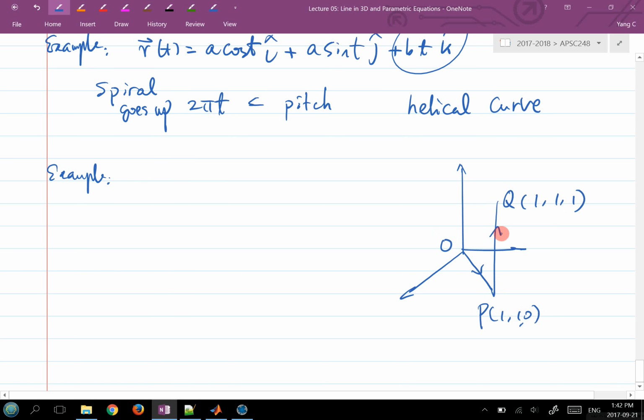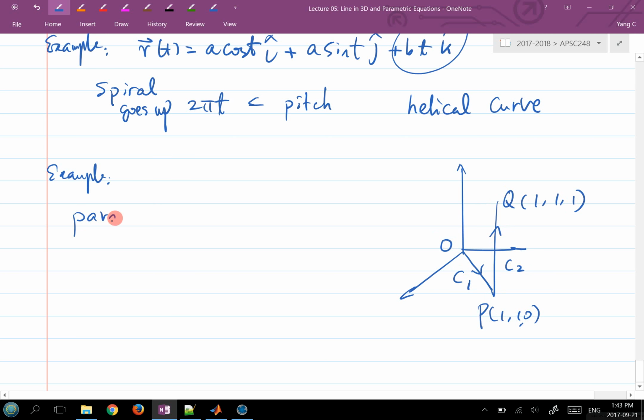Suppose you start at the origin O and go to P, and then from P you go to Q. So basically, you trace out 2 straight lines using the given points. We can call this curve C1 and this curve C2. The question here is to write down a parametric equation for the curves C1 and C2.